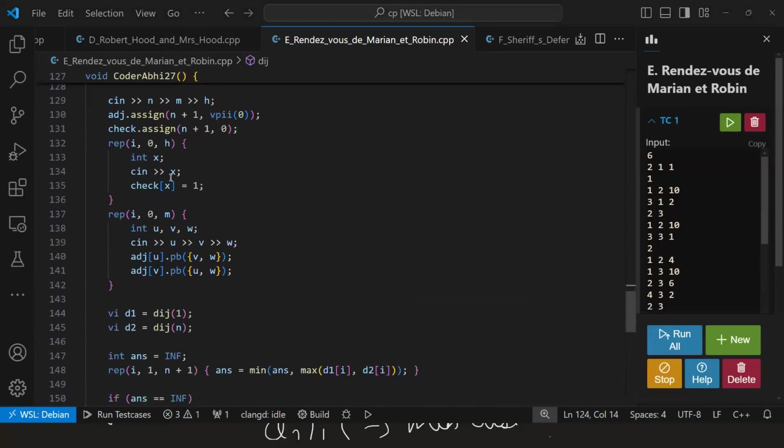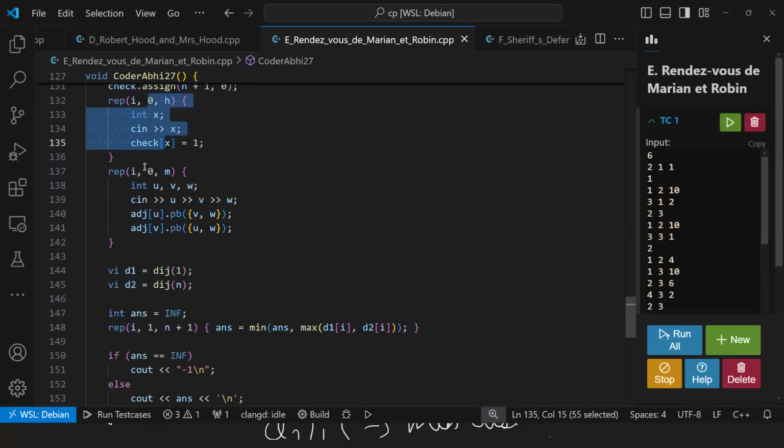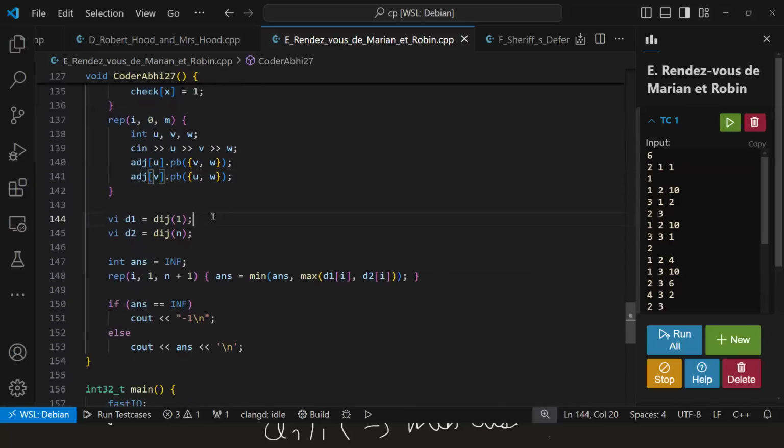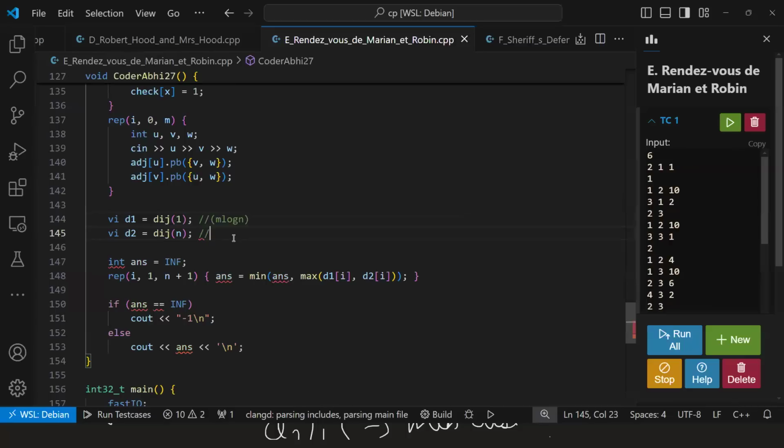What would be my complexity? This is the input part, basically O of h, O of m, no problem in that. This Dijkstra takes n log n time, or rather Dijkstra takes n plus m, whatever that is, m log n. I think this is the complexity of Dijkstra. Both n and m are up to 10 to the power 5, and this again takes m log n.